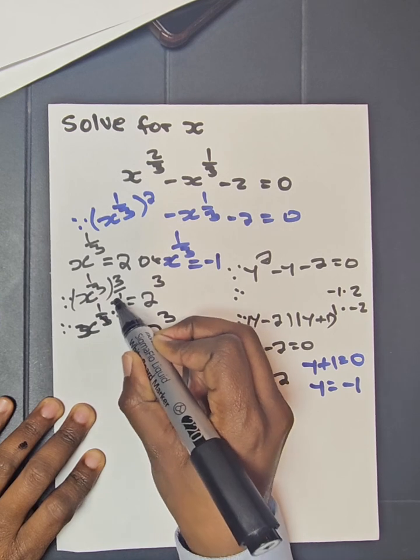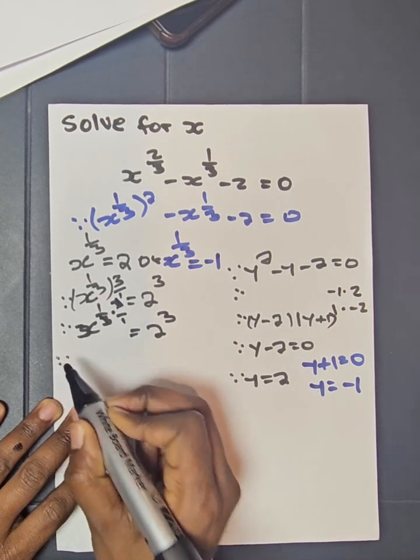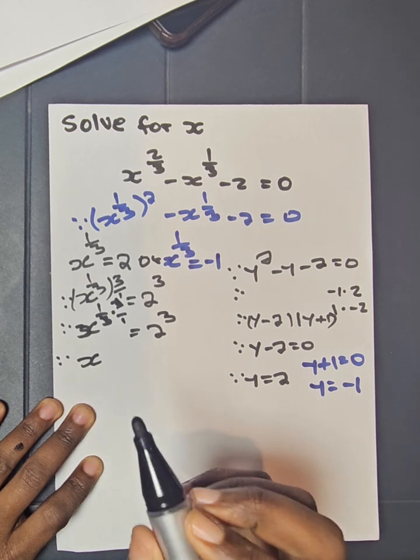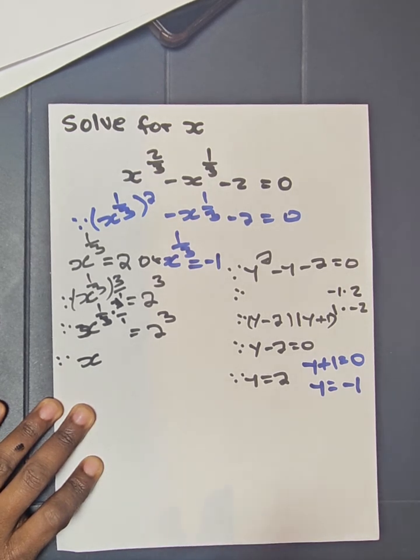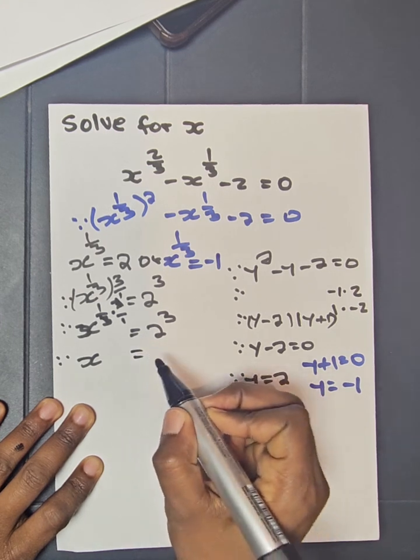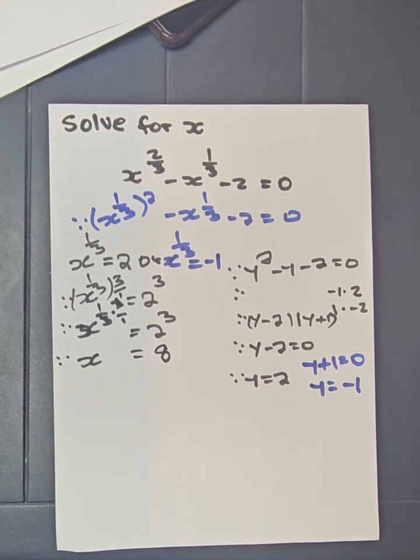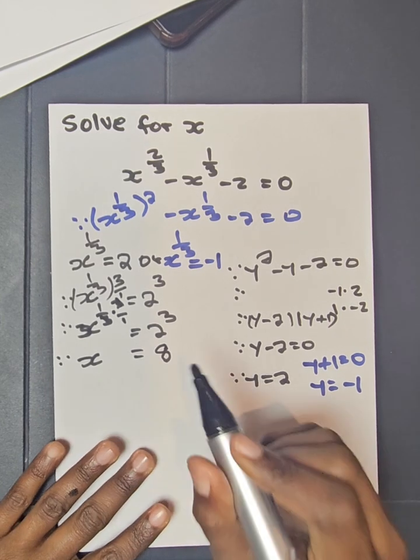They cancel out. Then x simplifies to x to the power of 1. That 1 we don't normally write, it's called a ghosty 1. And this equals 2 cubed, which simplifies to 8. So we find our x equals 8. Solution number 1. Well done.